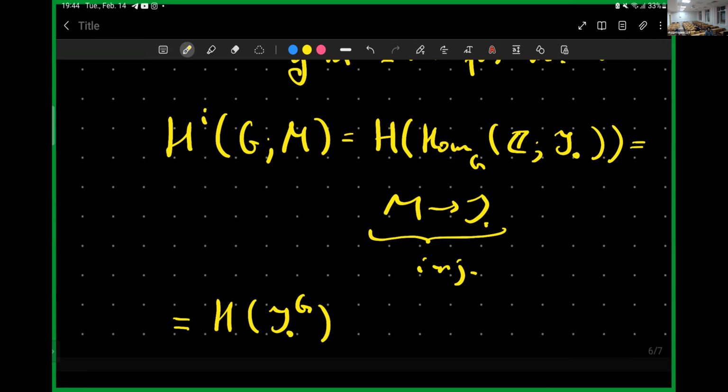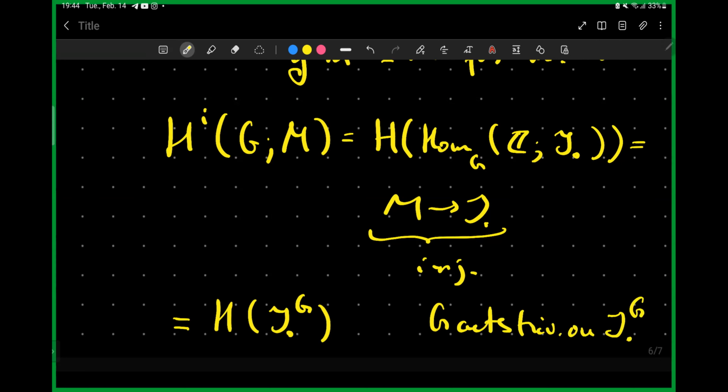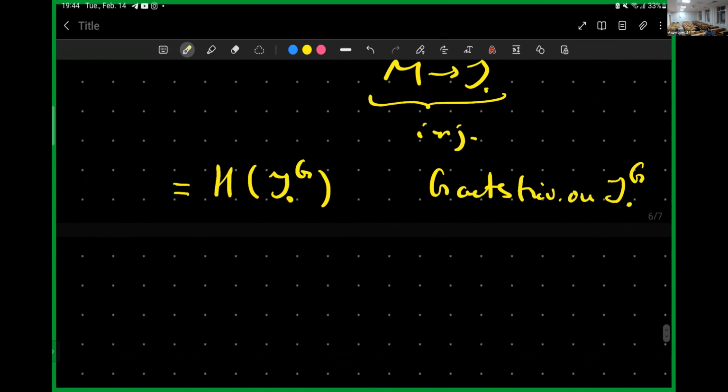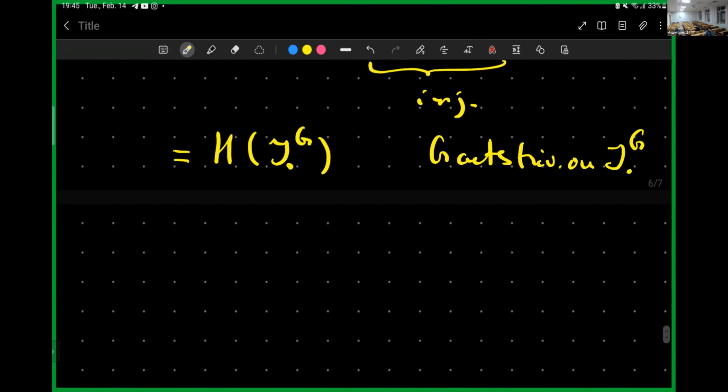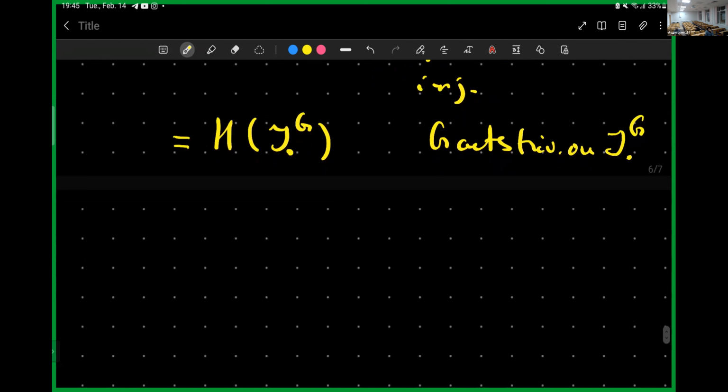When we take invariants, again nothing happens. Meaning when we multiply an invariant by g, nothing happens. And then when we take homology, again nothing happens. This is an improvised and sketchy proof of the fact that G acts trivially on its homology.